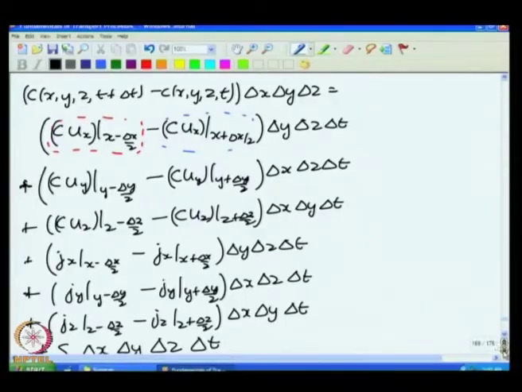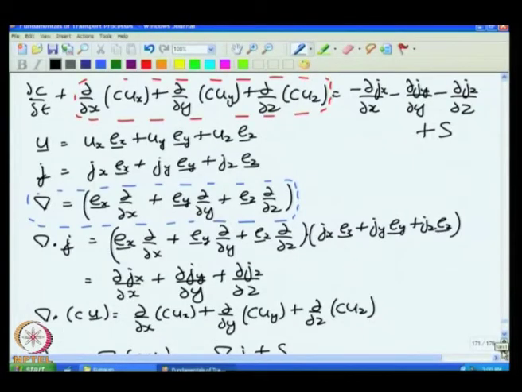And therefore, we can add up the two contributions, one due to convection and the other due to diffusion, and divide throughout by volume and delta T, and we get a general equation for conservation in three dimensions. So, we saw this general equation for conservation in 3 dimensions here.